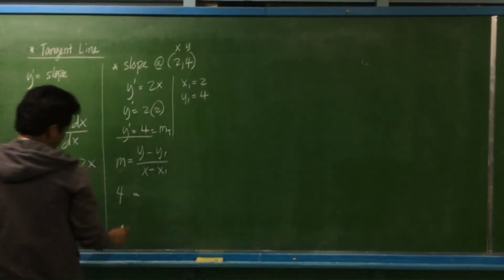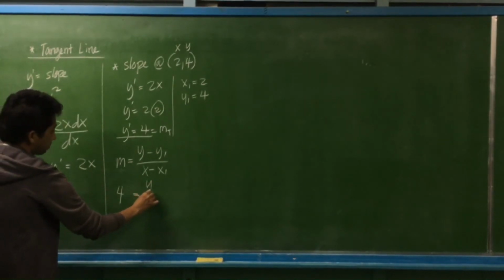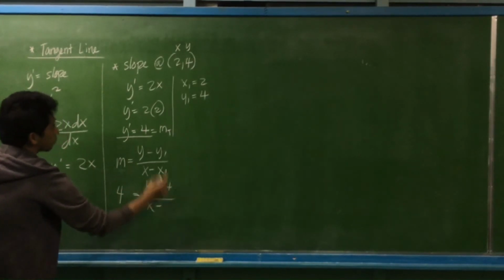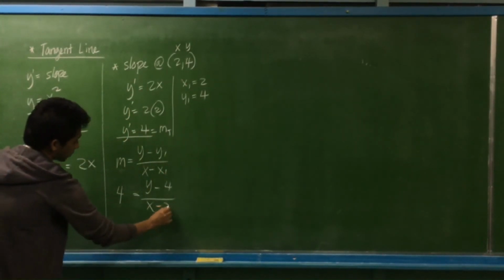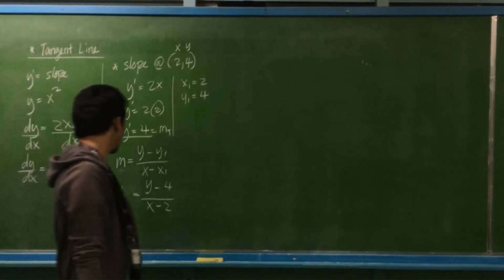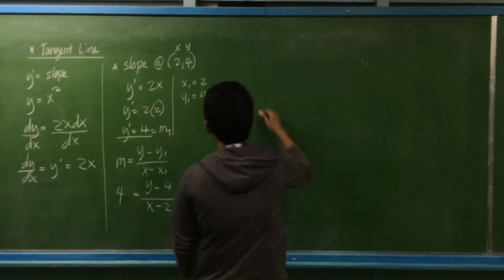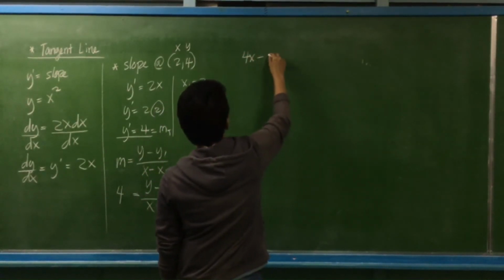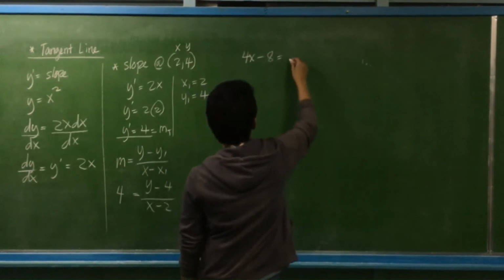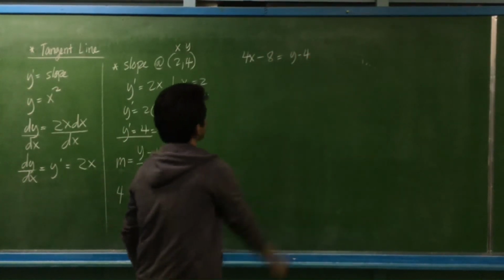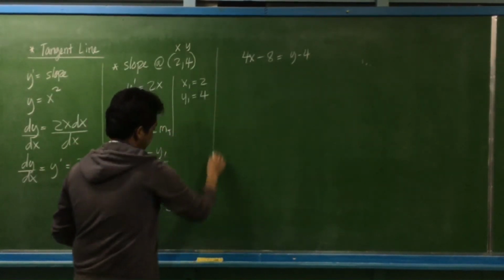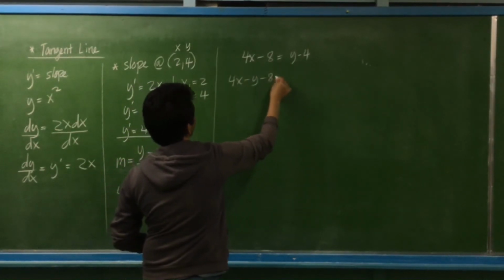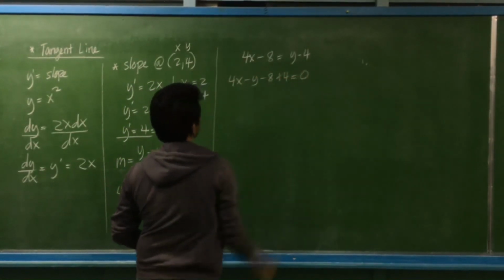Okay, so we have 4 is equal to y minus y1, what is y1? That is 4. This is divided by x minus the abscissa of the given point, that is 2. By cross multiplication, that is 4 times x minus 2, which is the same as 4x minus 8 is equal to y minus 4. So I'll have the equation 4x minus y minus 8 plus 4 is equal to 0.